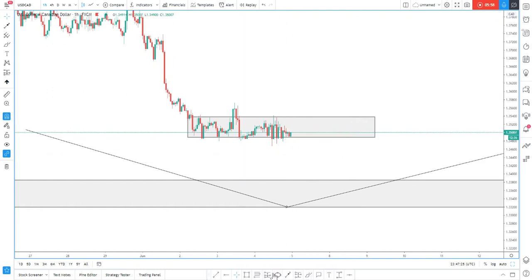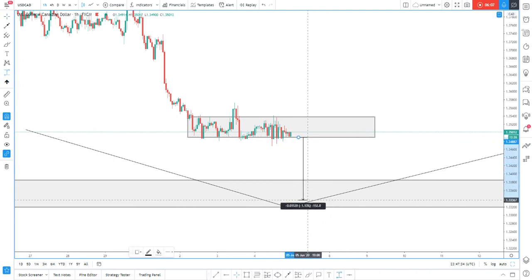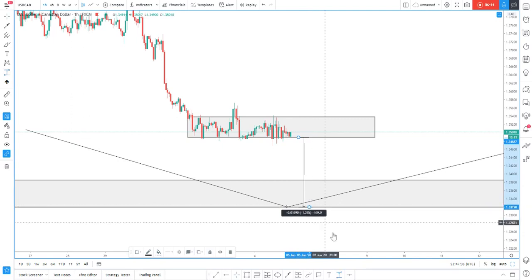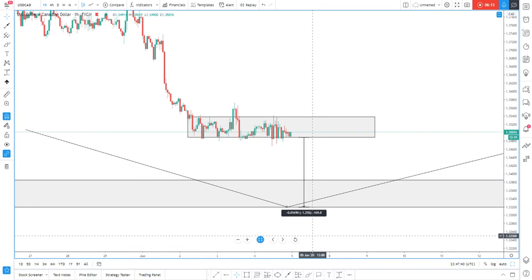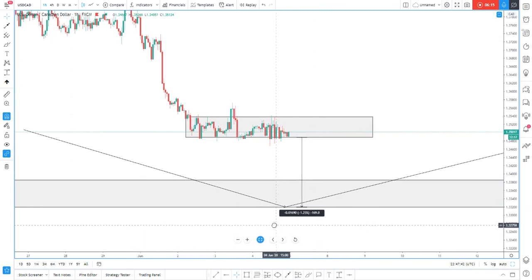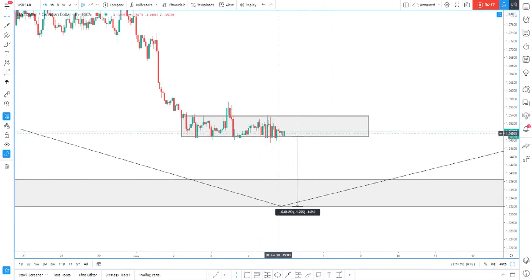And if we check how many pips, if we get our entry around this area down into the buy zone, we should be looking at 169 pips to be precise. So if this move occurs and plays out as planned, we should look to catch around 169 pips on this.